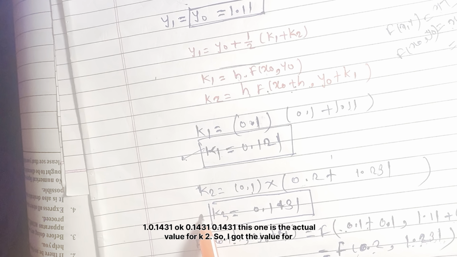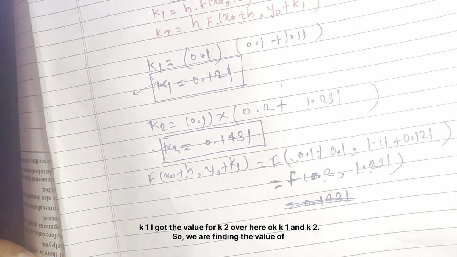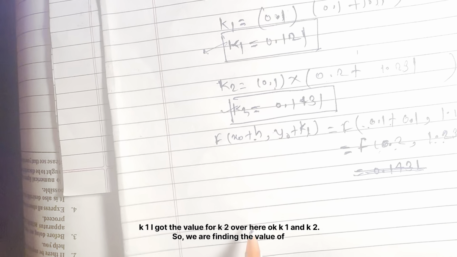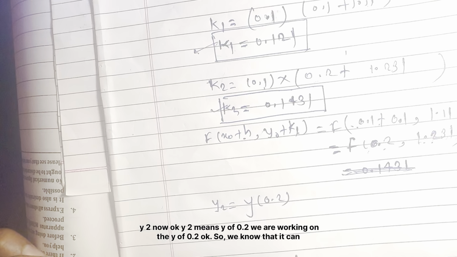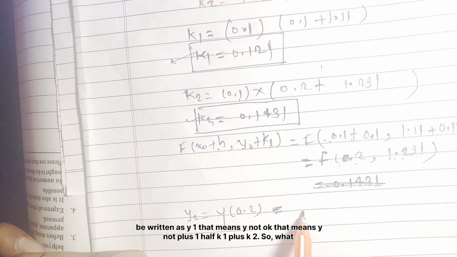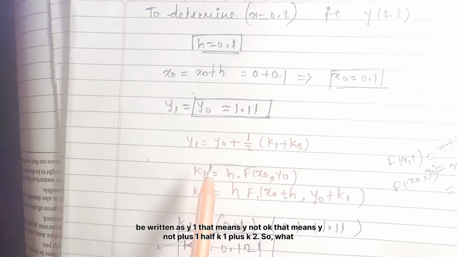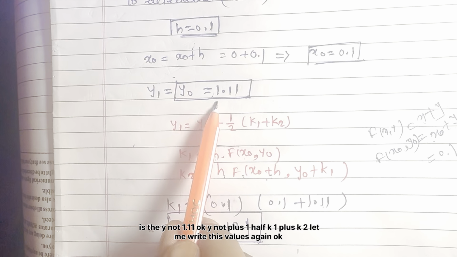So I got the value for k1 and the value for k2. Now we are finding the value of y2, that means y of 0.2. We know it can be written as y1 equals y0 plus 1 half of k1 plus k2. What is y0? 1.11.